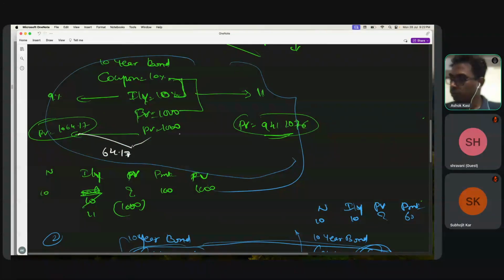See, this is 64.17. What is this? Calculate: $58.892.